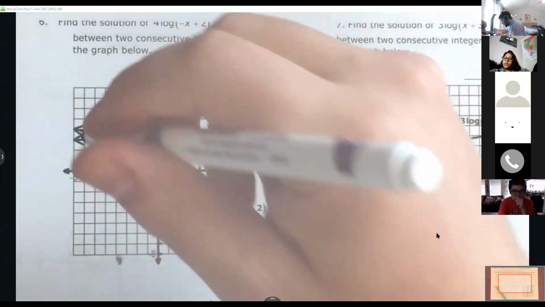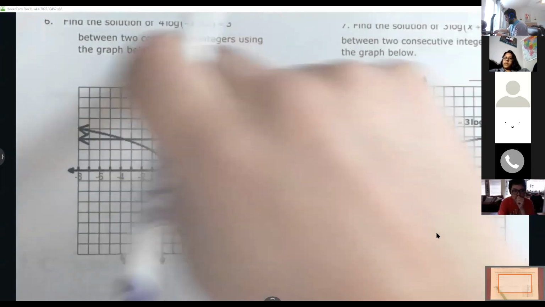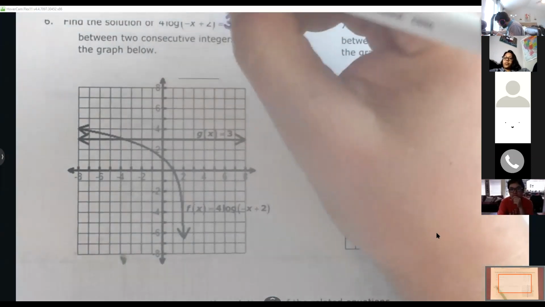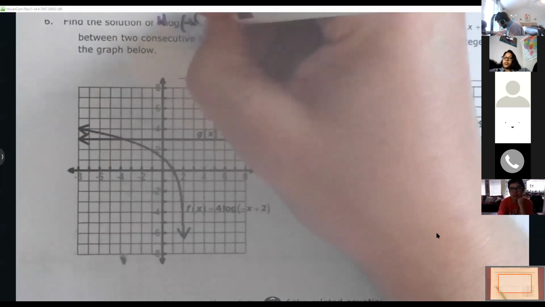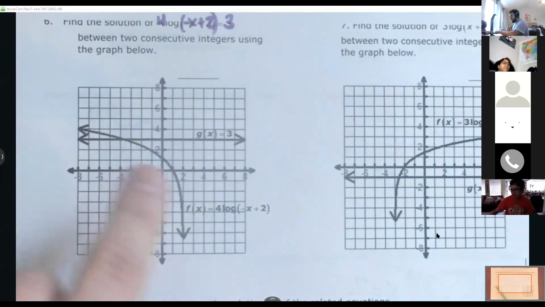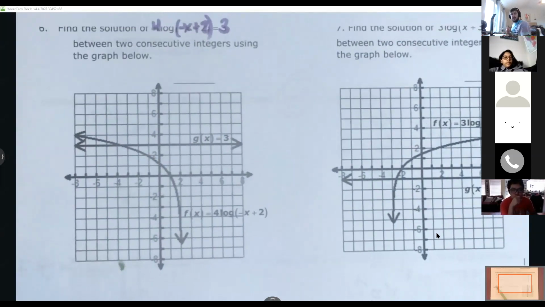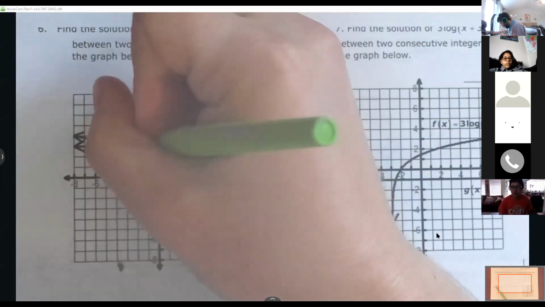This one would be 4 log of -x plus 2. What would be the solution to this one? Where do they cross? Oh, -4.